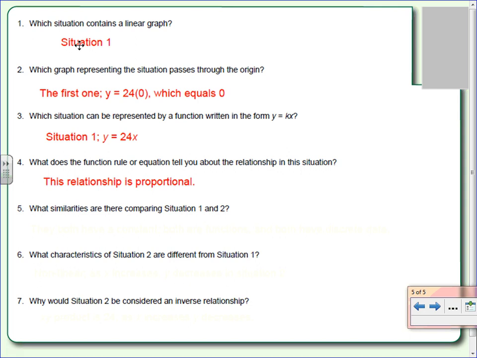Write it down. Don't say it out loud. First one is what is the same. The other one is what is different.